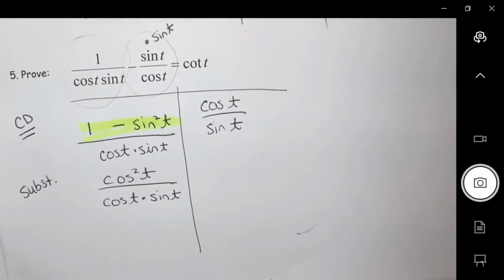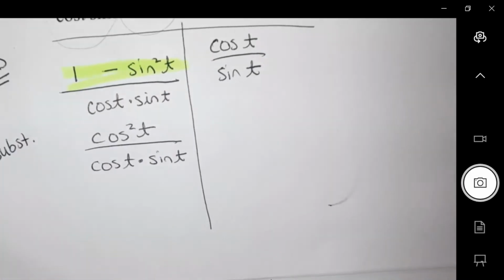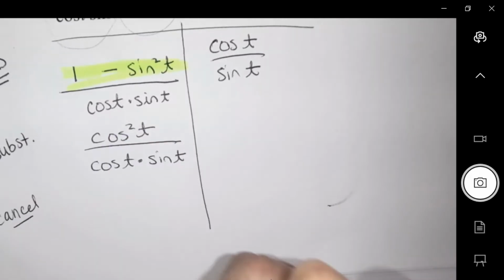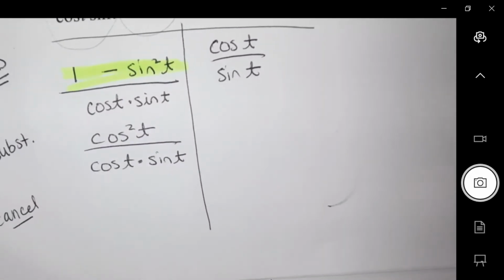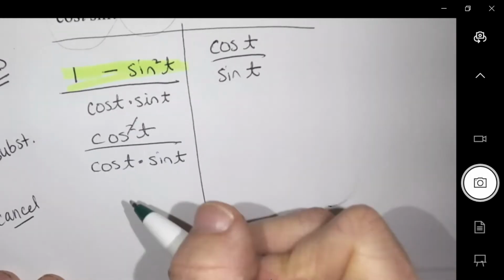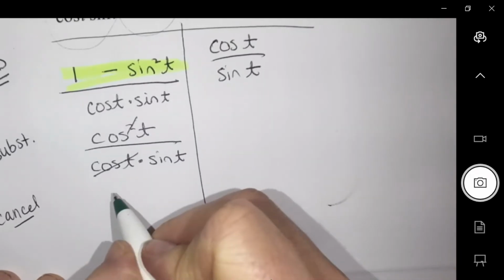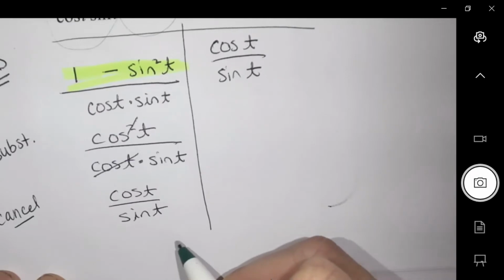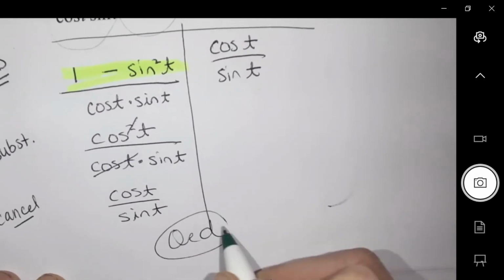Okay. Now I'm allowed to do a cancel. Because everything is connected with multiplying and dividing, I can do some cancels. So I'm going to cancel a cos out of the top and a cos out of the bottom. And I'm done.